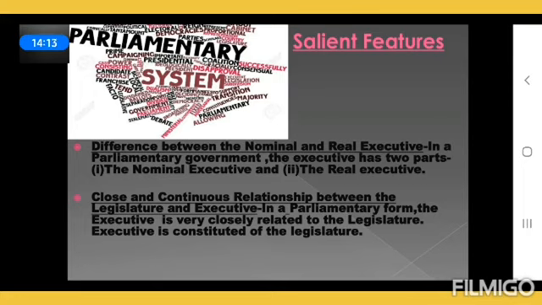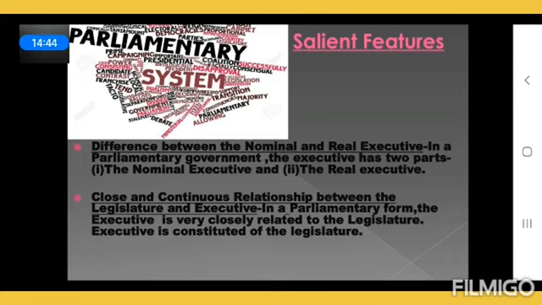And if a non-member of the legislature is made a minister, what happens is that he has to secure the membership of either house. Either house means either the Lok Sabha or the Rajya Sabha, within a fixed period, that is, within 6 months.